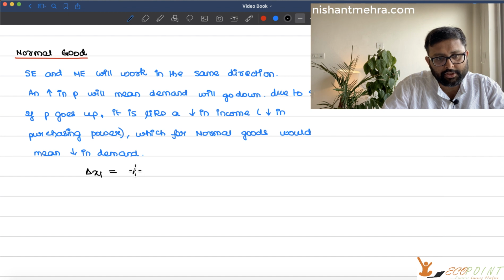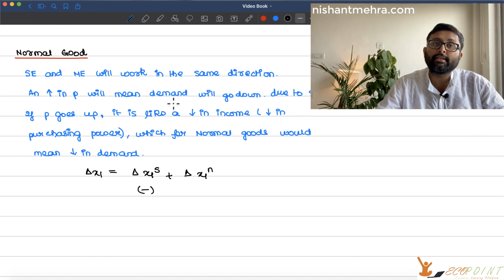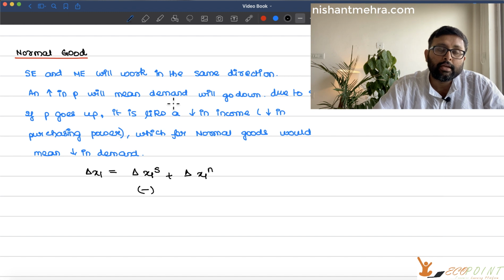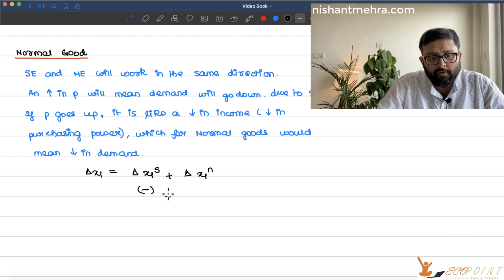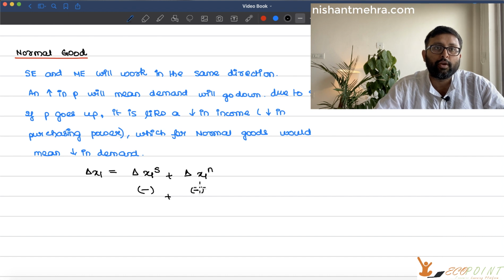Varian writes in this fashion. He says the total change in demand is equal to the substitution effect plus the income effect. The substitution effect is negative: when the price of the commodity increases, demand for it falls. The income effect in this case is also negative. If the price increases, it is like a fall in purchasing power, and for a normal good a fall in income means a fall in demand.